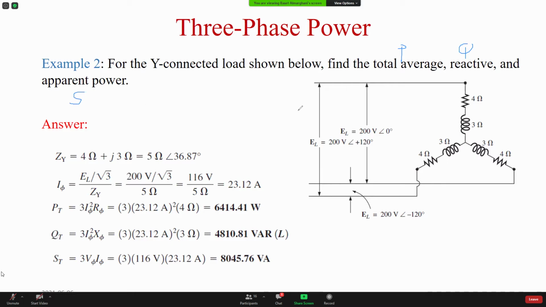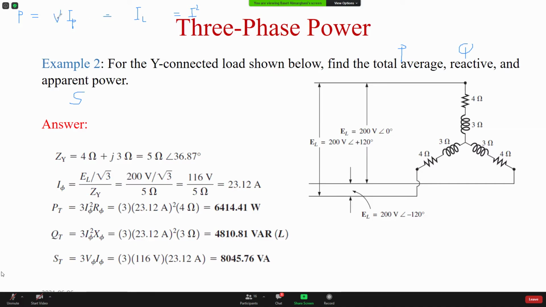Now you find it the way you want. You have to find the current, because in every formula, P for example, there is phase current or line current. Okay, they all have current.